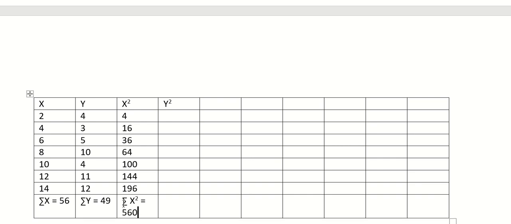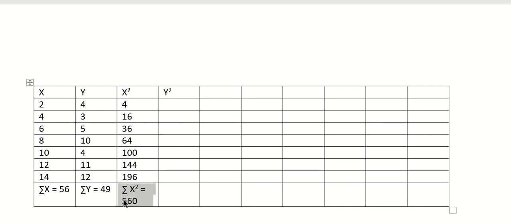Now we need to similarly calculate summation of y square also. Four fours are 16, 3 threes are 9, 5 fives are 25, 100, 4 fours are 16, 121, 144.